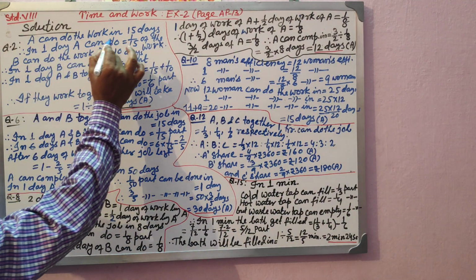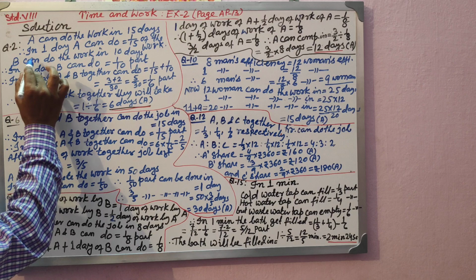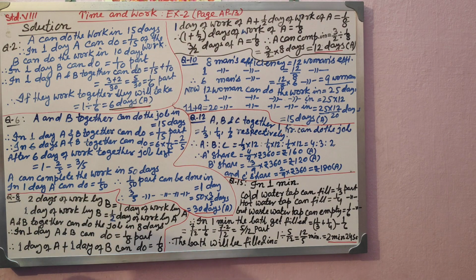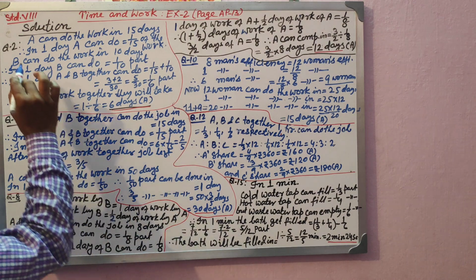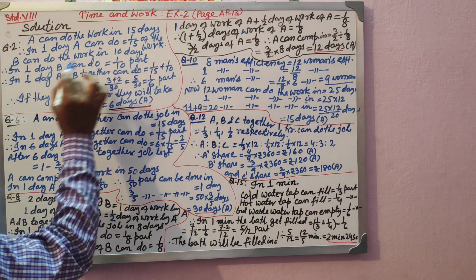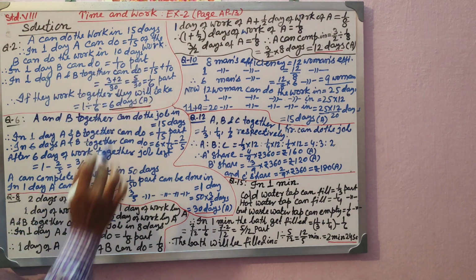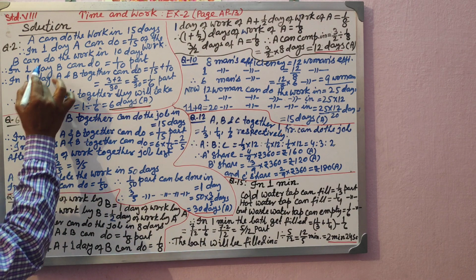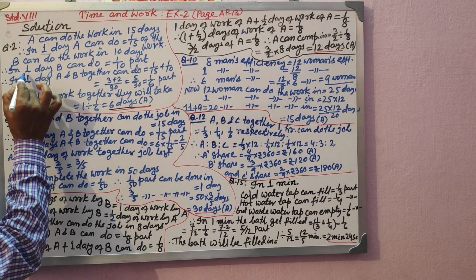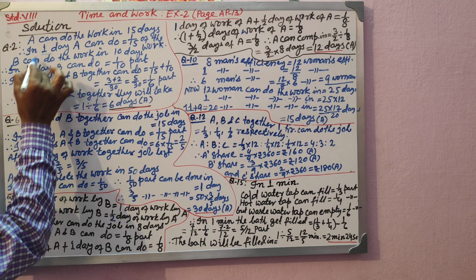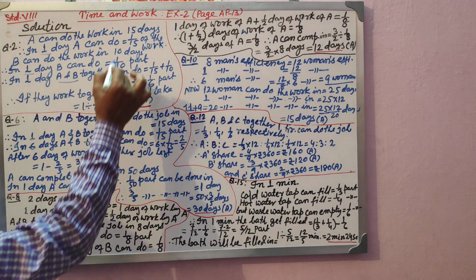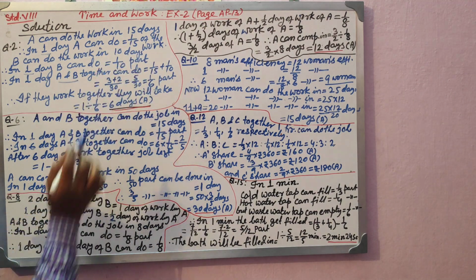Okay, let us solve. A can do the work in 15 days, therefore in 1 day A can do 1 by 15 part of the work. Could you understand? B can do the work in 10 days, therefore in 1 day B can do 1 by 10 part of the job. Now in 1 day, A and B together can do 1 by 15 plus 1 by 10.